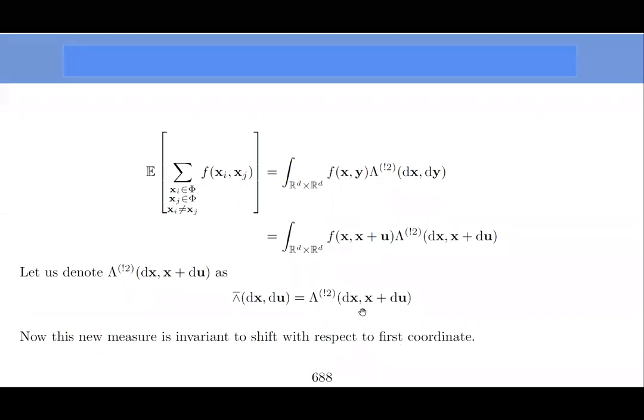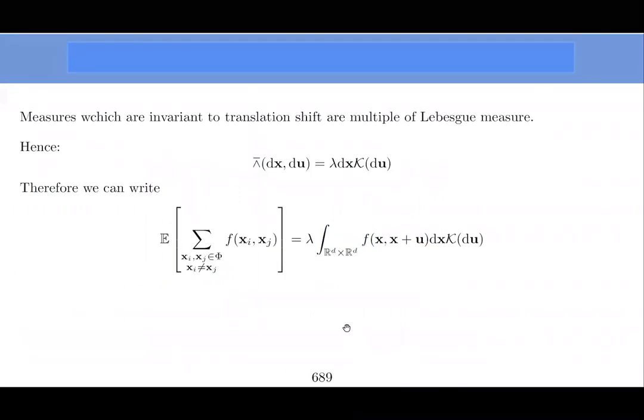If I shift this, the second coordinate will also shift. Any measure which is invariant to a translation shift is a multiple of Lebesgue measure. This means I can denote this as a product of the first measure and a second measure, which is lambda dx times K(du).